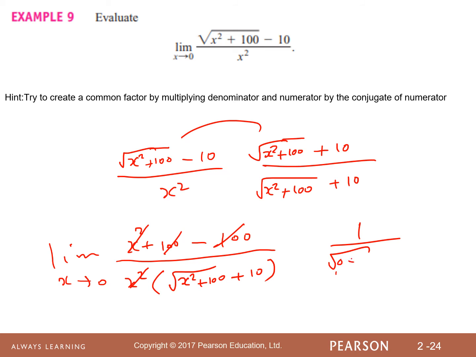We'll have 0 plus 100, right? Plus 10. That's equal to 1 over 20. Square root of 100 is 10, plus 10 is 20. 1 over 20, right? Everybody's following? Good.